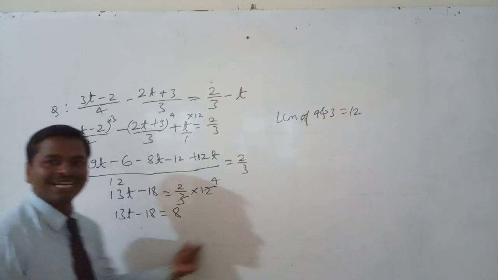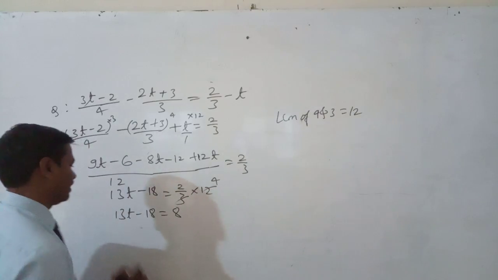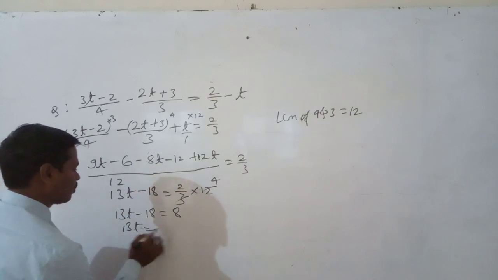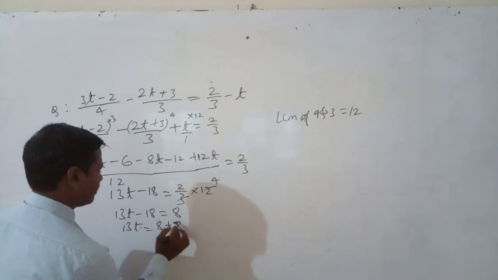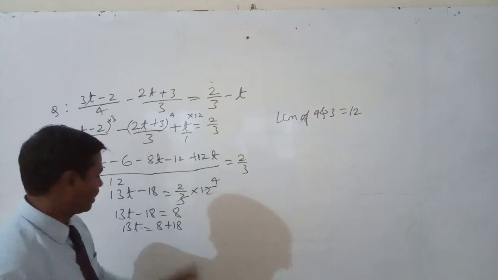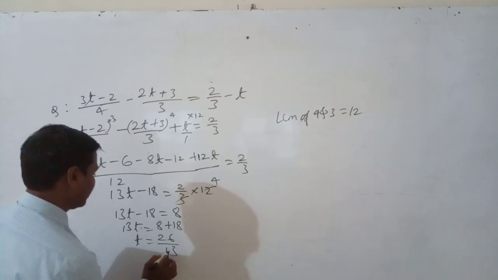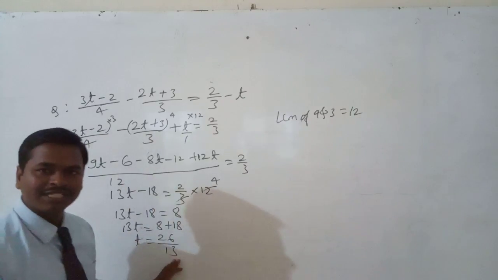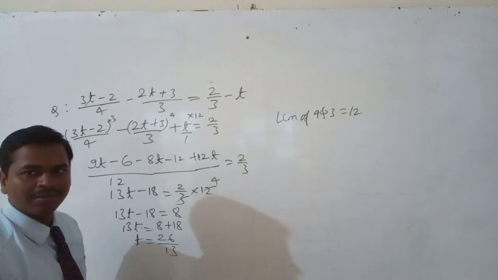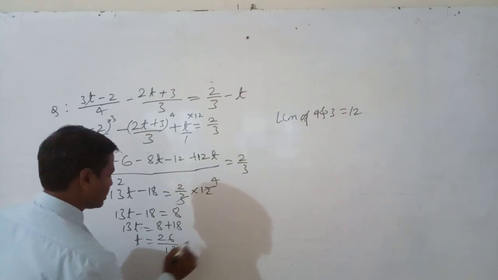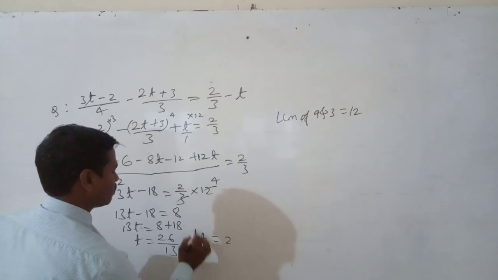Minus 18 I will shift to that side, it will become plus 18. 13t equal to 8 plus 18, it is 26. t equal to 26 by 13. Multiplication will become division. 13 ones are 13, 13 twos are 26. t equal to 2.